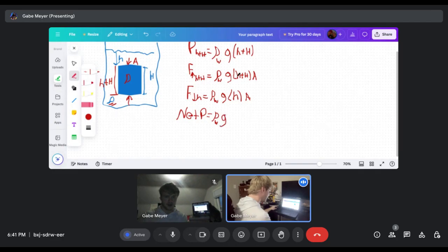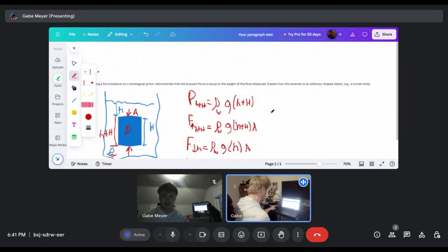And you can cancel this little h and h, so it's just big H times area. And what height times area is, that's just the volume. That's just the volume of this rectangular prism times the density of the fluid times the gravity.